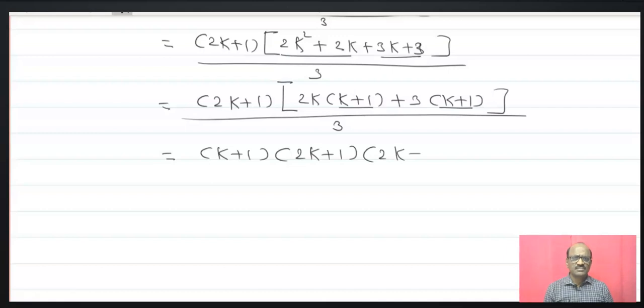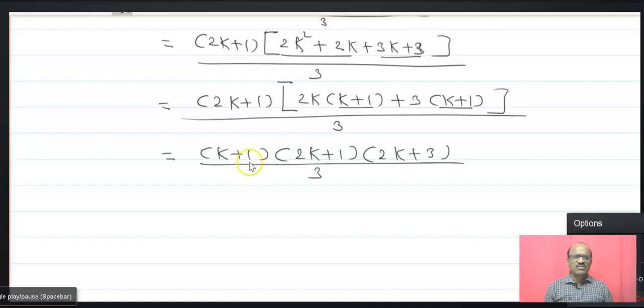Take the common. This is normal simplification; here we factorize, k plus 1 is common, then (2k plus 3)(2k plus 1), and in this way.